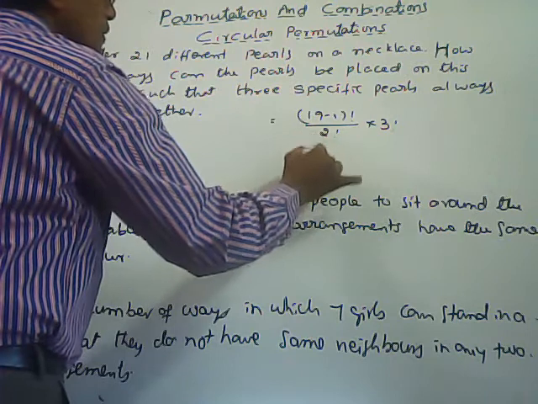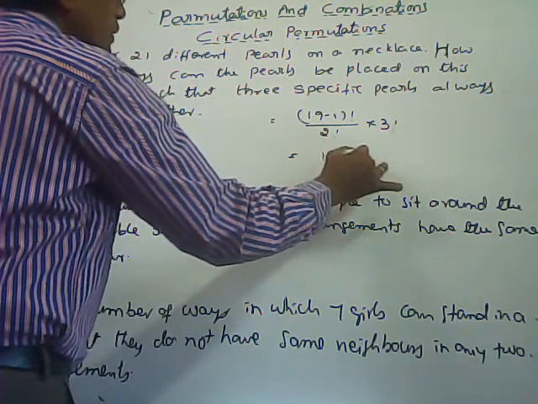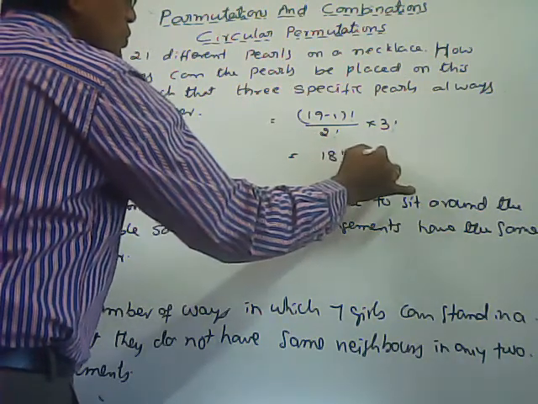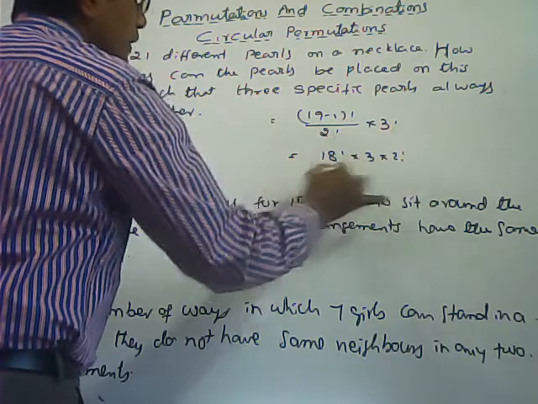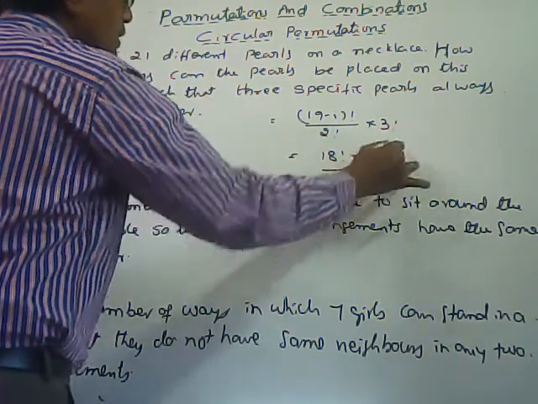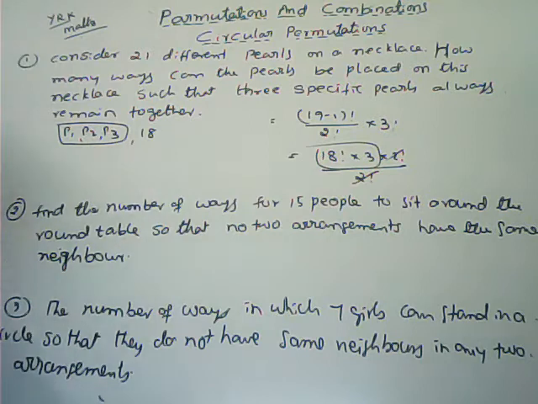So that is equal to 18 factorial into 3 into 2 factorial we can write here, by 2 factorial is there, these 2 get cancelled, 18 factorial into 3, that is the answer. Here whenever they say pearls, necklace or garland, generally we take (n minus 1) factorial by 2 factorial.